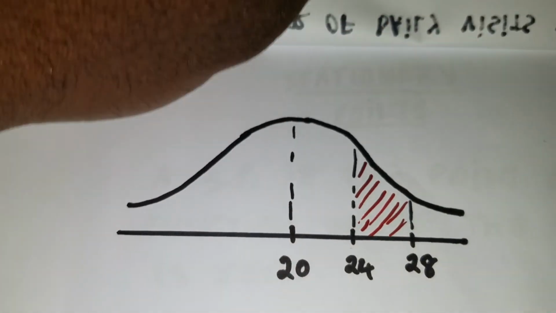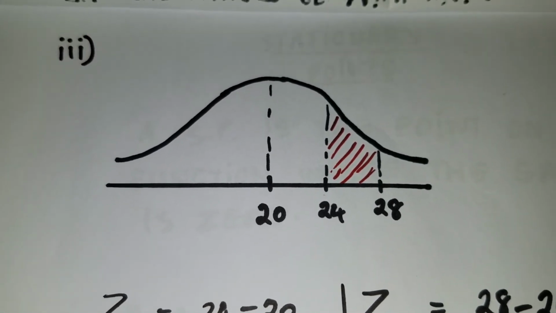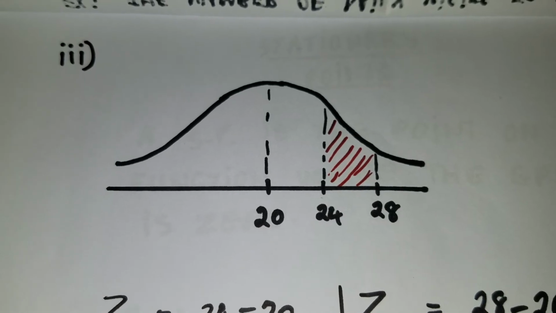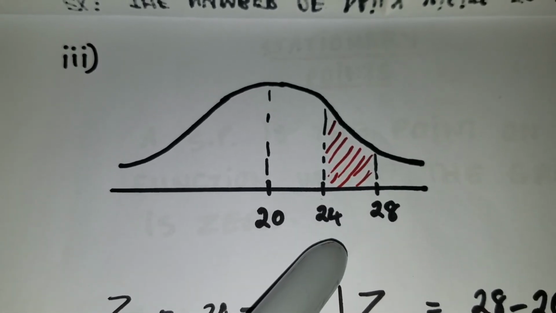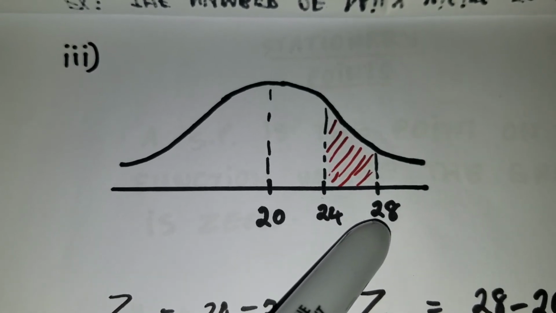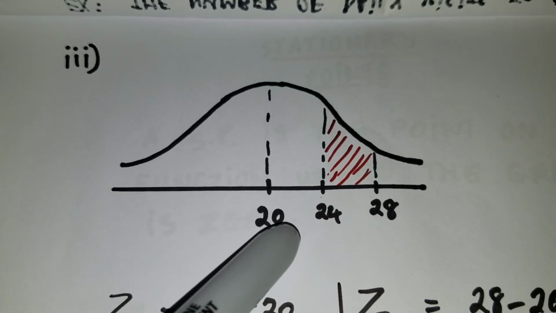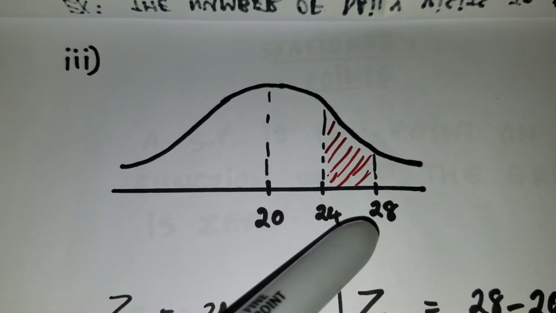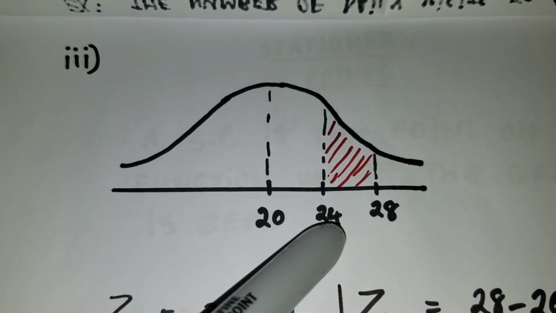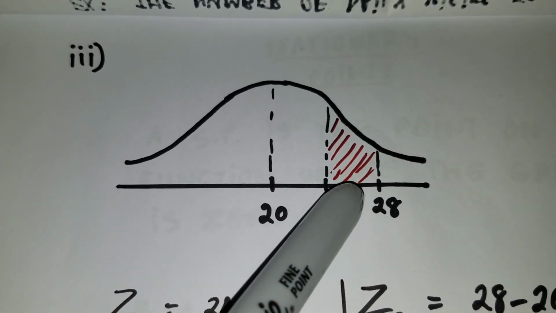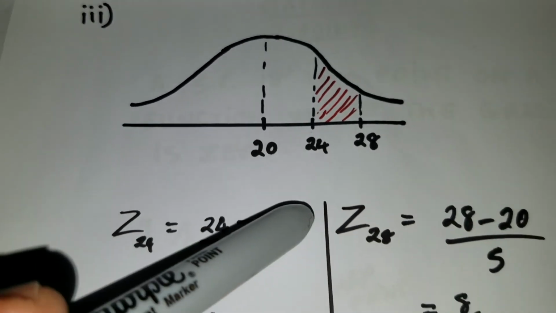Now, part 3 says find the probability that x is between 24 and 28. We draw up our curve once more. The mean is in the middle, and 24 would be here, 28 would be here. These are just estimation points because we know 24 is more than 20, and 28 is more than 24. We want to find the region between 24 and 28, so we have to find the z-score for both.